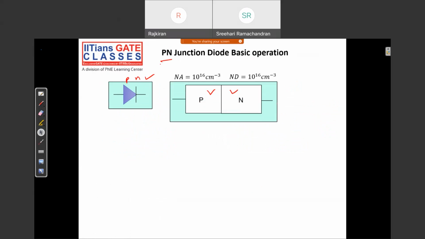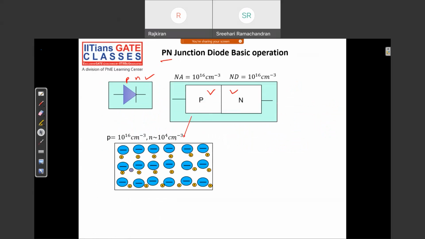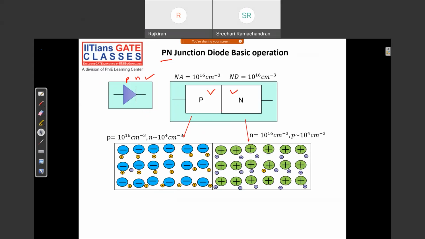So when you make a p-n junction, the p-type semiconductor, as I have explained, is formed by putting in acceptor atoms. The n-type semiconductor is formed when intrinsic silicon is doped with donor impurity. Just for example, I have taken the same number of donor and acceptor impurities.